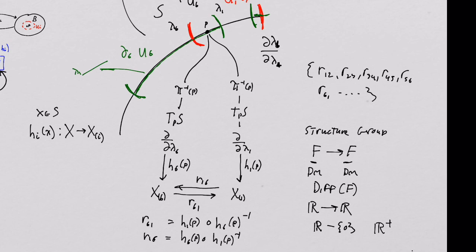So the structure group of this fiber bundle is actually much smaller than this. It's actually just this, because it is possible for me to make an arrangement, an atlas. So I'm now looking for the smallest possible structure group.